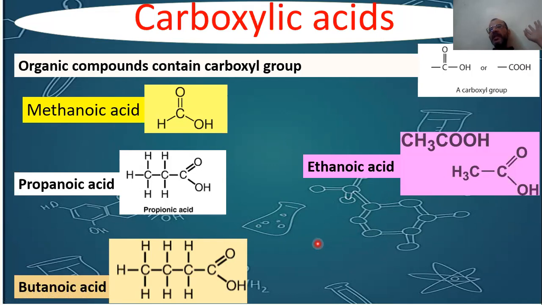Let's revise what we studied. Alcohol, number one. Esters are compounds formed by alcohol and acid. For alcohol, we add OH. You can find OH at the end of the compound, and we add -ol: methanol, butanol, hexanol. For acid, we add -oic: methanoic acid, and so on.